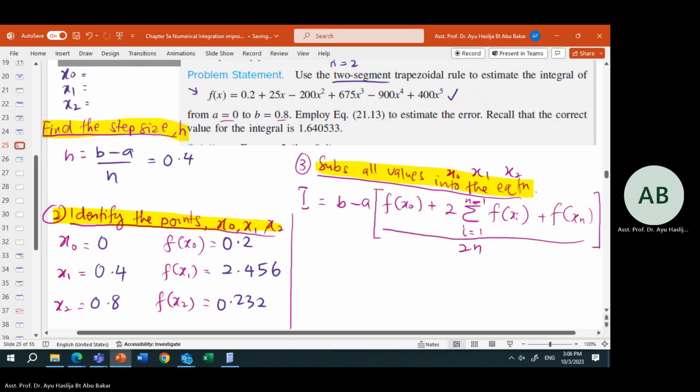Okay. Now from there, proceed to step 3, substitute all values to find the integration for multiple application.